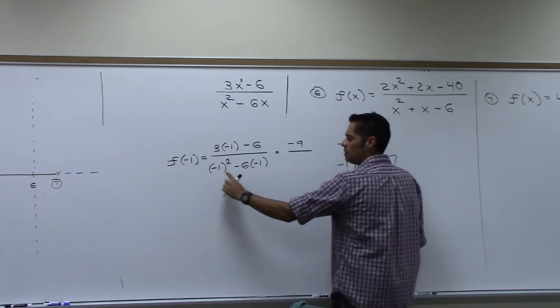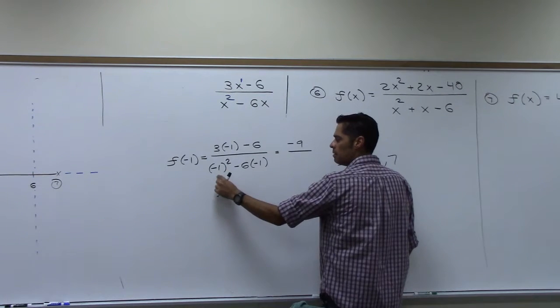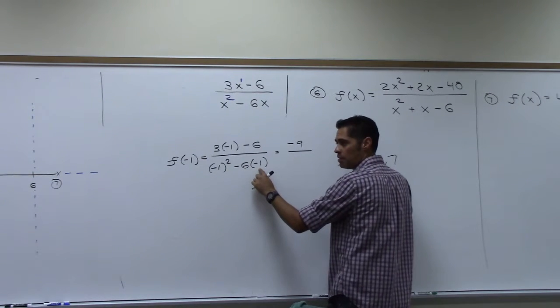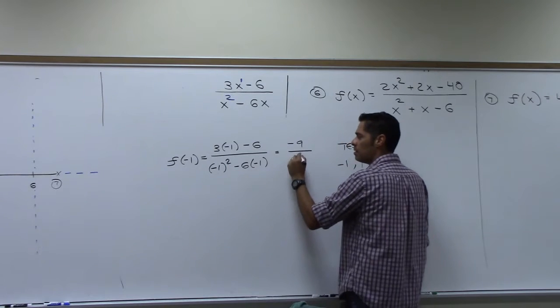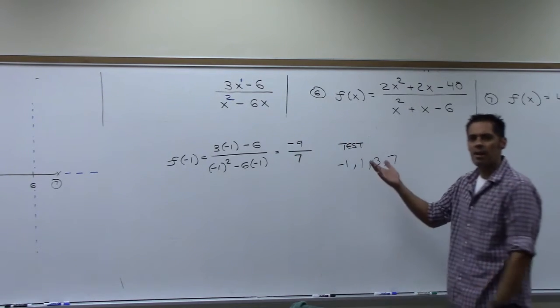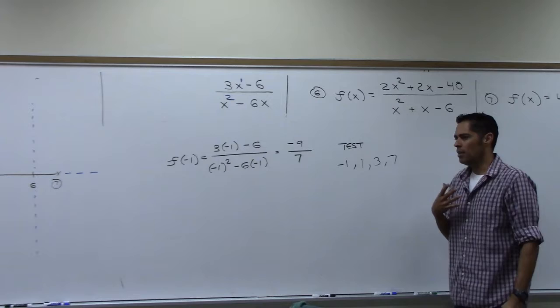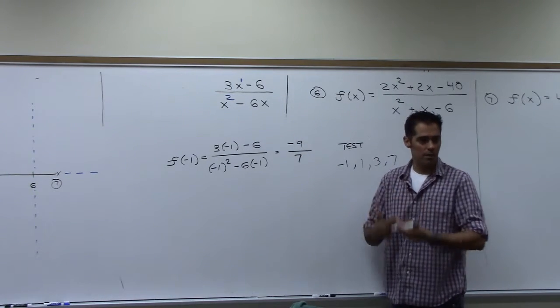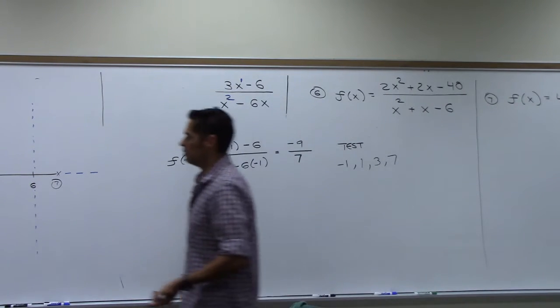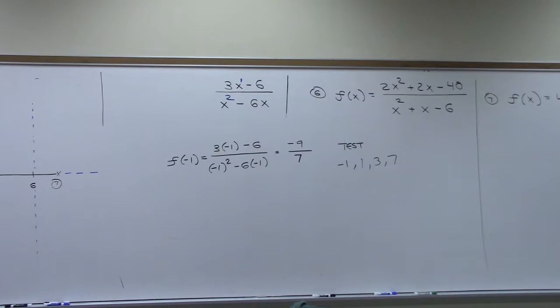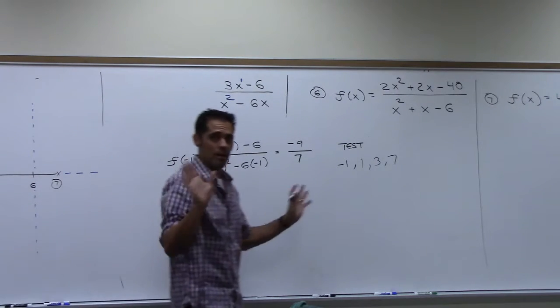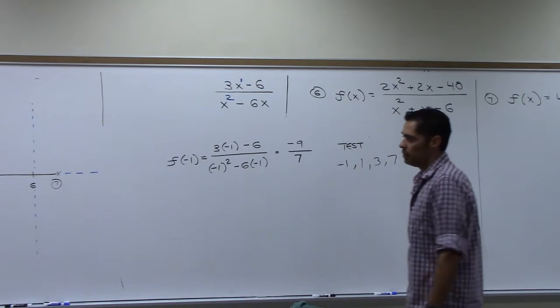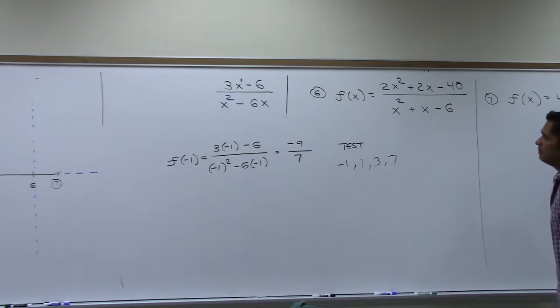The denominator, 1. Negative, negative is plus. So 1 plus 6, 7. And then I can figure that out as a decimal. But more importantly, it's negative, right? So it's below the x-axis. So you really do not have to worry too much about how far this goes, just as long as it's below. For the same reason polynomials, we didn't care how high and low they went, right? How about at 1?